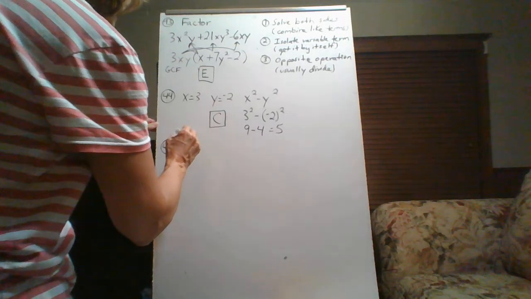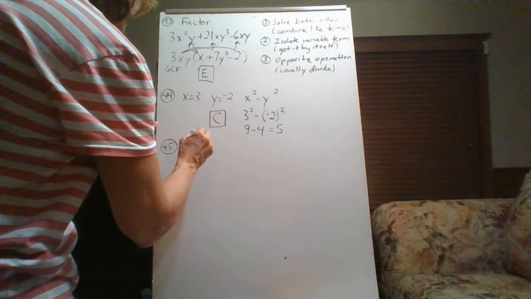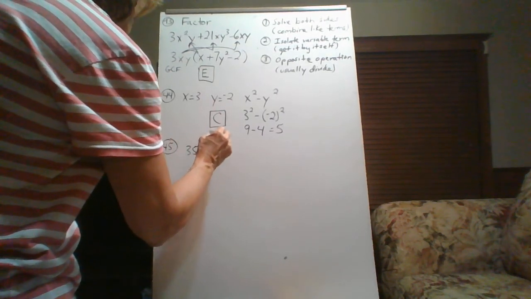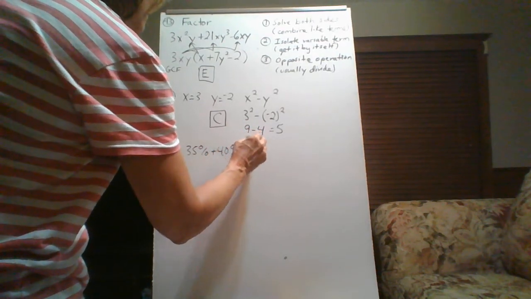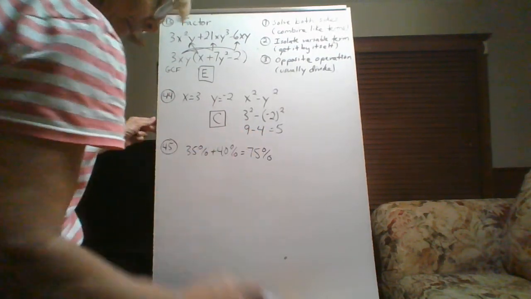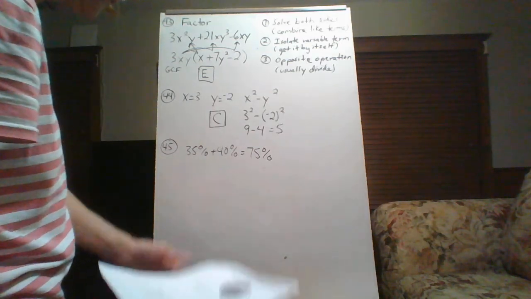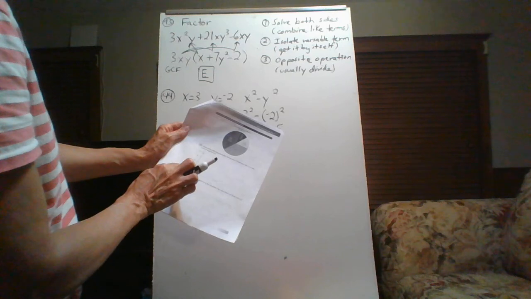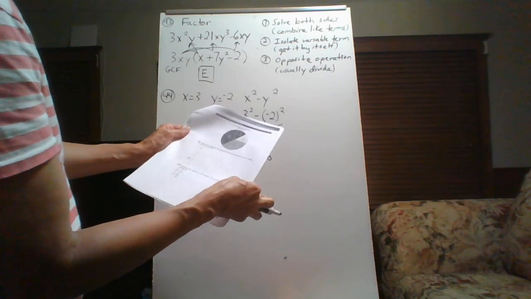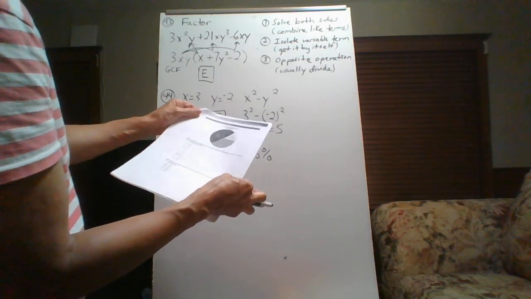So I have 35% plus 40%, which is 75%. So 75% of my employees have 3 or more years of experience.